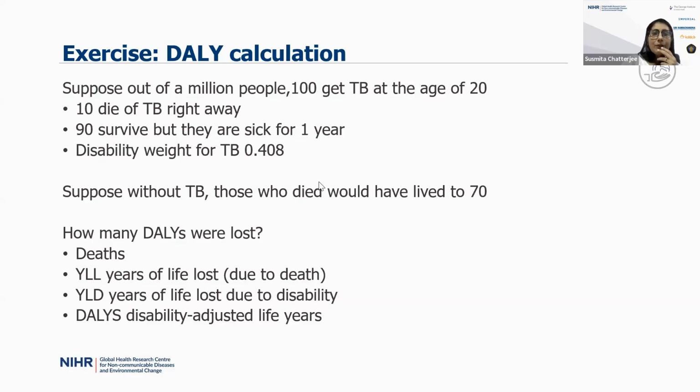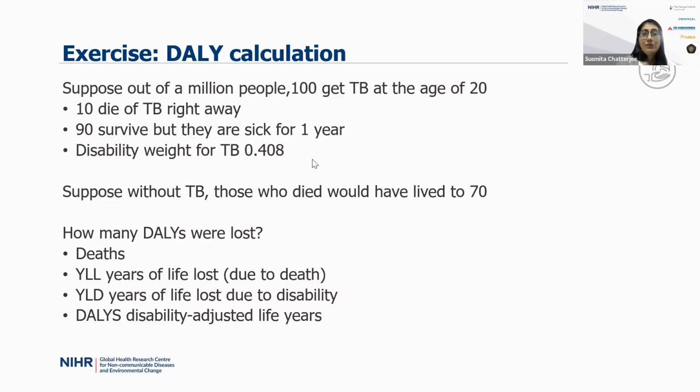Why is it taking so long? How many deaths were there? You can write it from here, right? How many years were lost for death? So you know the number of deaths. You know how many years the people were supposed to live if they had not died from TB.